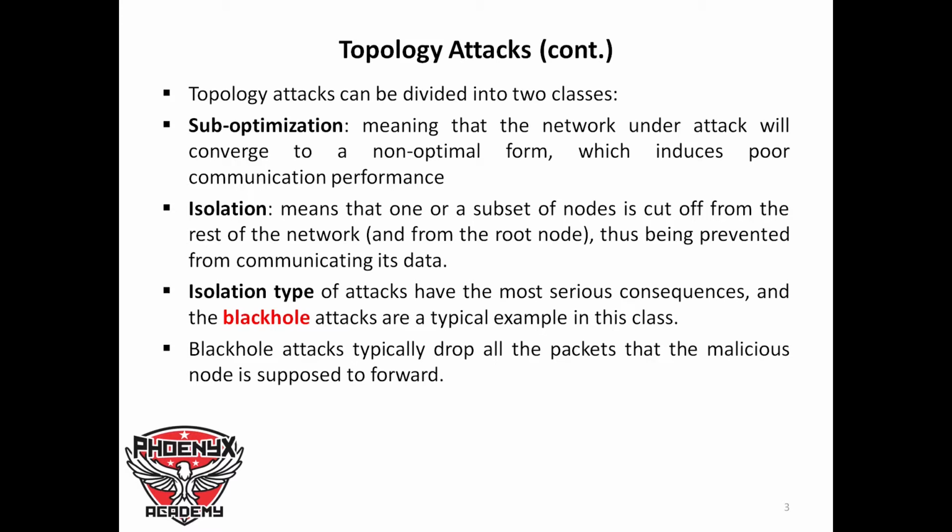We know that under RPL we have three communication paradigms. We have multi-point to point, that is from the sensor nodes to the root node. This is the default direction of traffic, in the upward direction, from multiple source nodes to the root node.